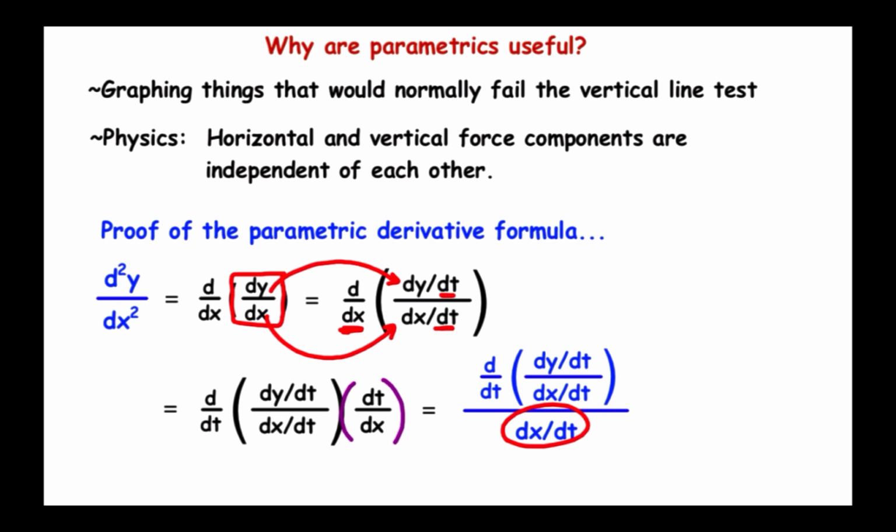So you have that on the end. But rather than multiplying by this thing, we can divide by the reciprocal, so we just flip it upside down, and that makes the formula that we've been using. And that's why we have the extra dx dt in the denominator on every step when we're using parametric derivatives. Hopefully that helps. I don't know if that was the smoothest explanation I've ever given, but hey, it works.